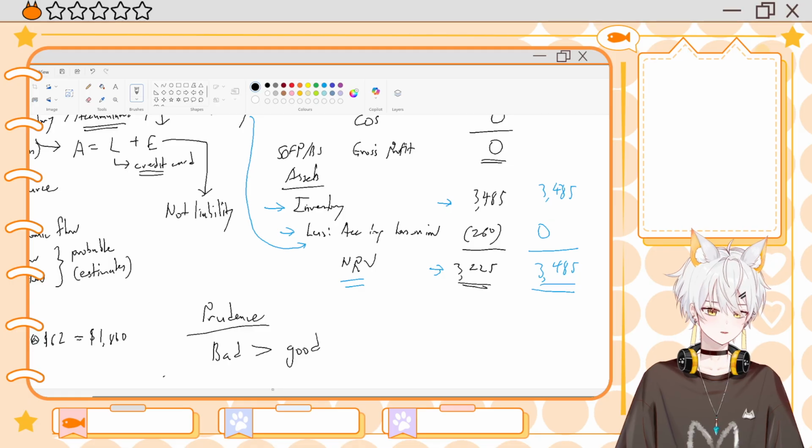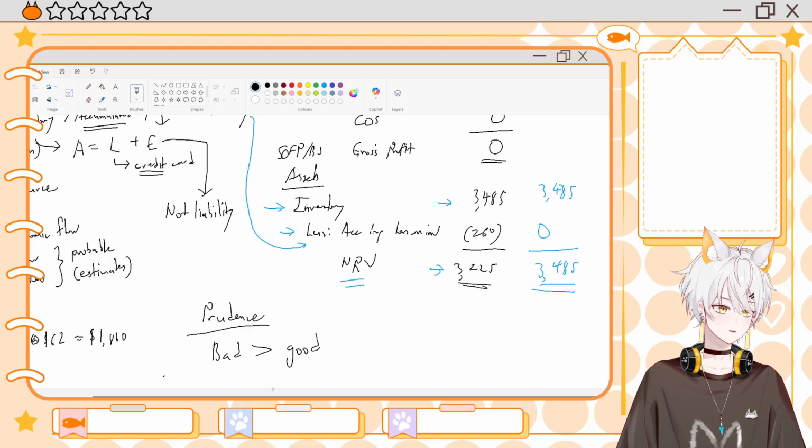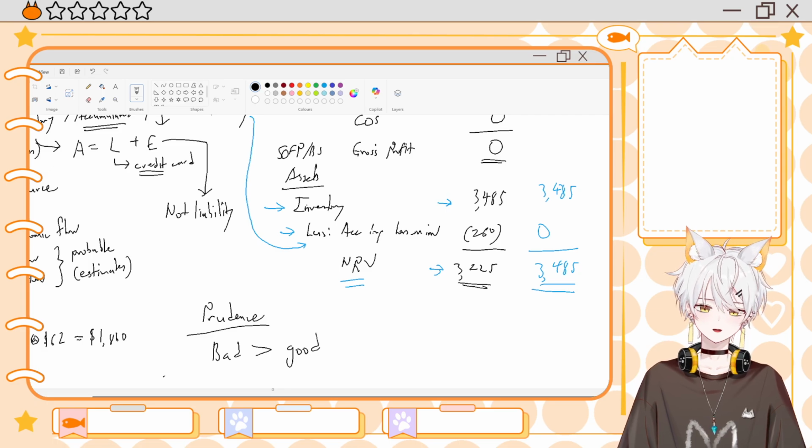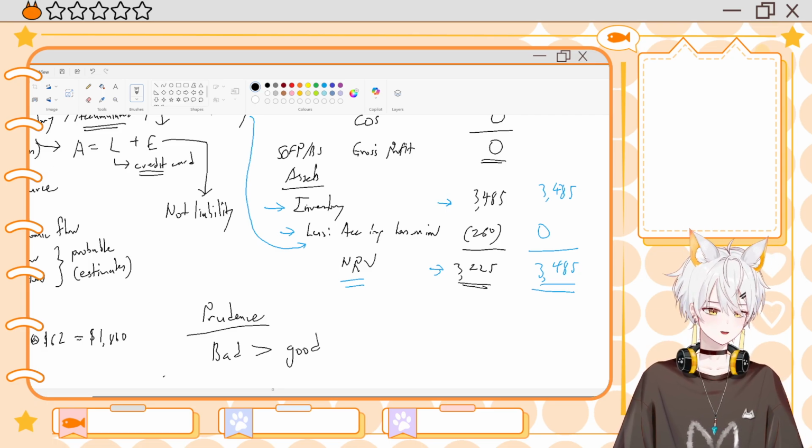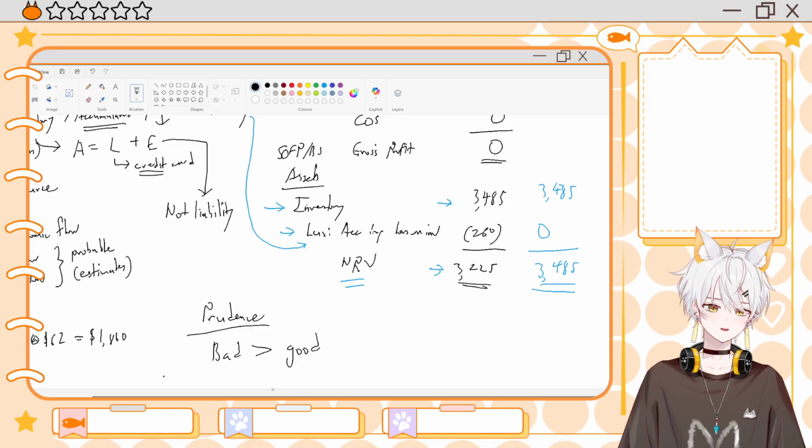Basically, when you're presented with two scenarios, you usually take the worst option if they have similar probability.